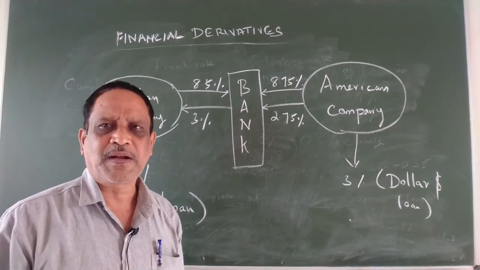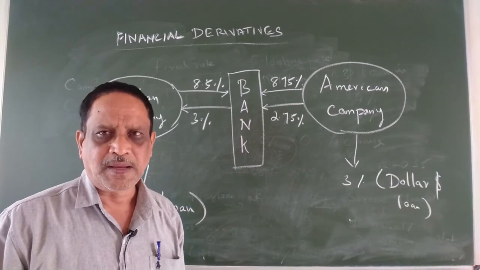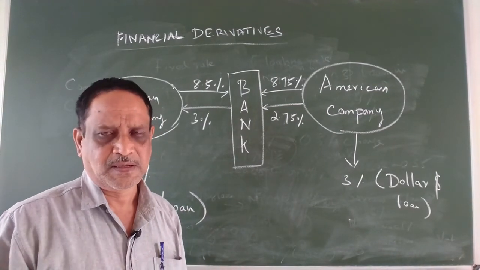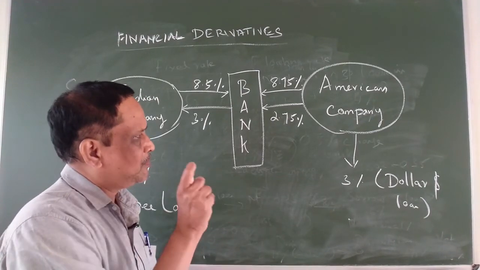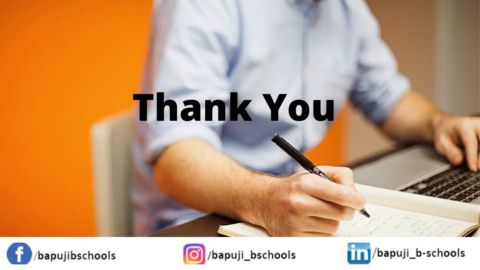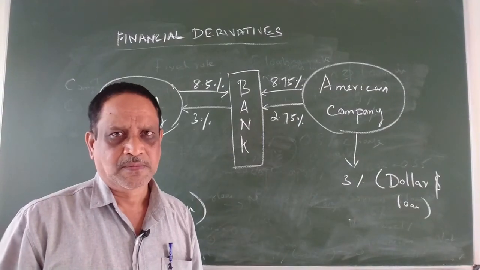So, all the three parties involved in this swap are getting a gain of 0.5 percentage, and as I told you earlier, as both companies are strong in their own countries, the total gain can be added and the total 1.5 percentage can be shared by all the three parties. Thank you.